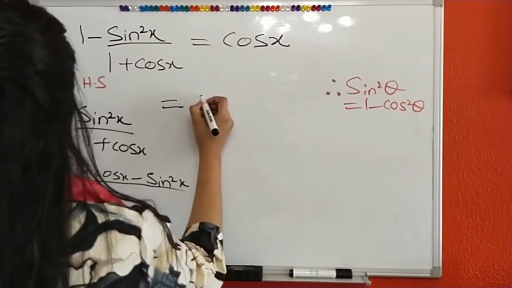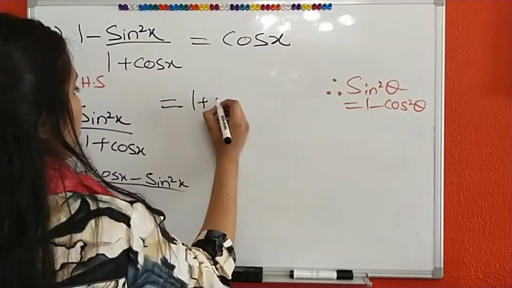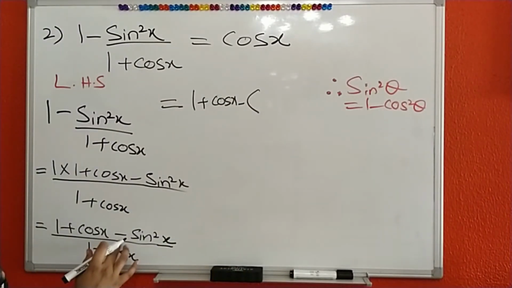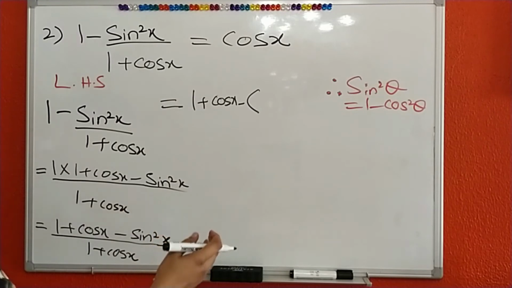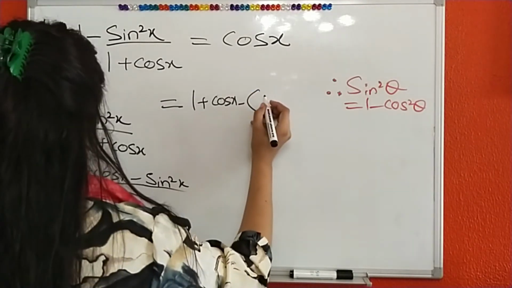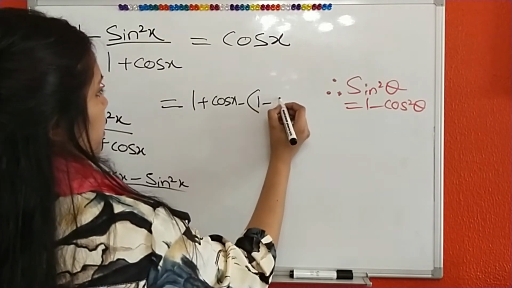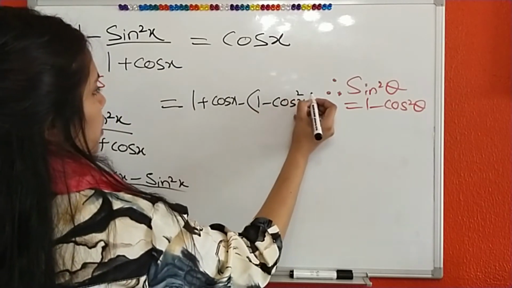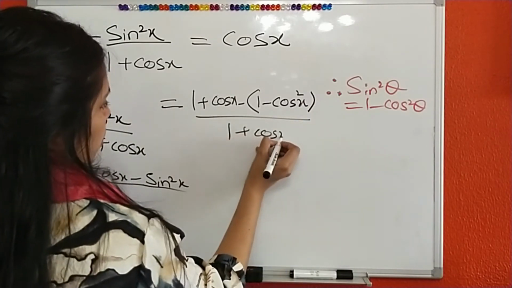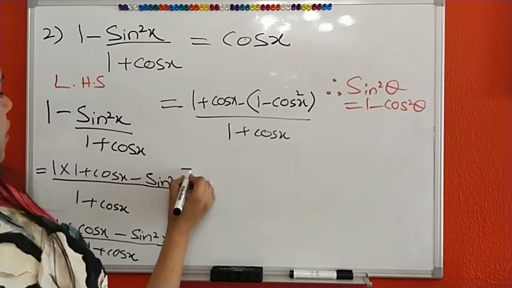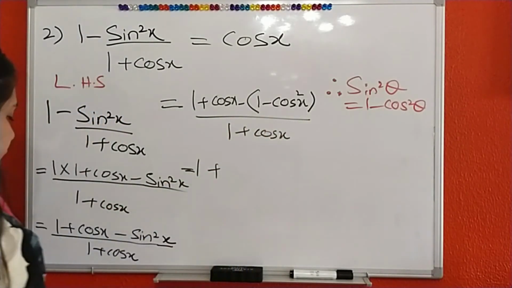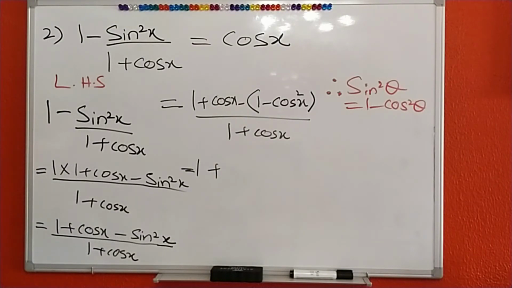You can see 1 plus cos x minus, the sign is minus here, so whenever you want to write anything after minus, you need to write it in a bracket. So it is (1 minus cos square x) upon 1 plus cos x. I'm multiplying this minus sign with the signs inside the bracket.